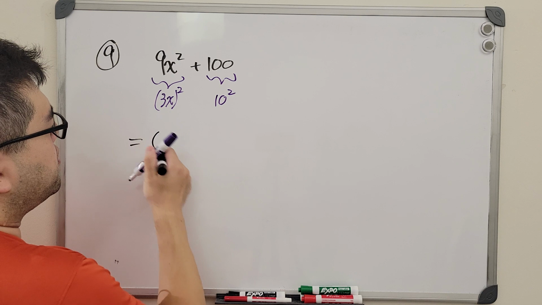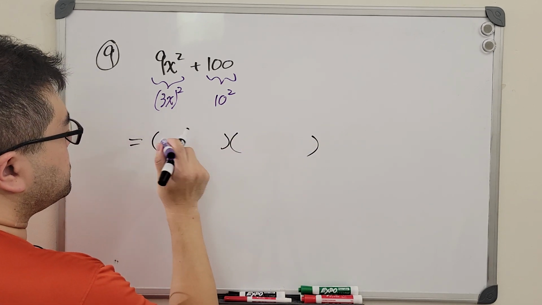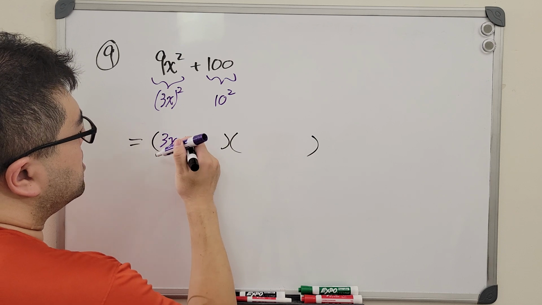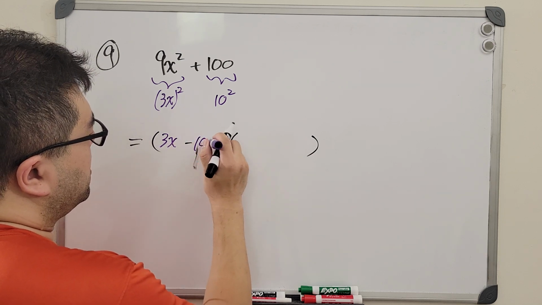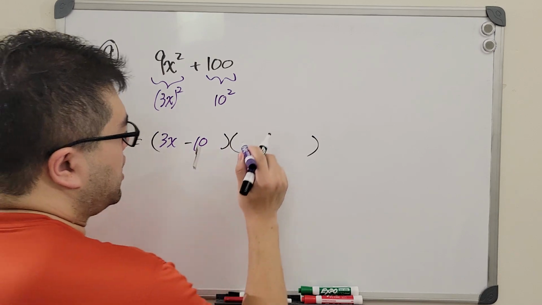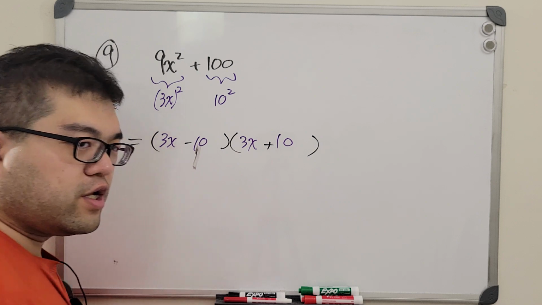Then we're going to factor it out and say that we have 3x minus 10, which is a minus b, times 3x plus 10, a plus b.